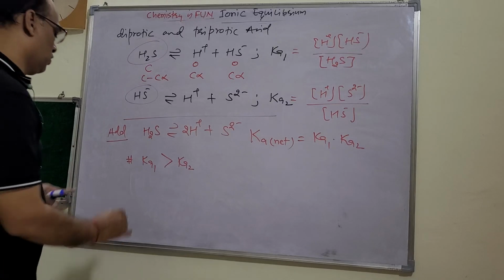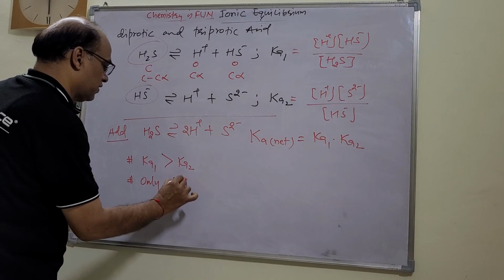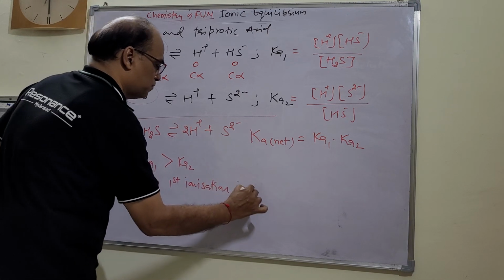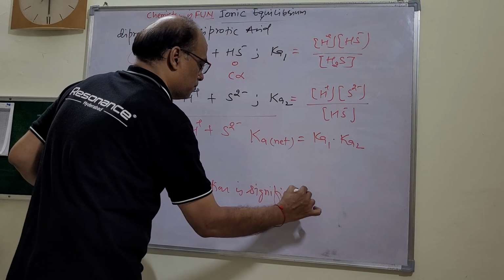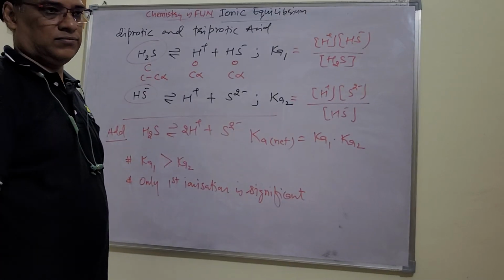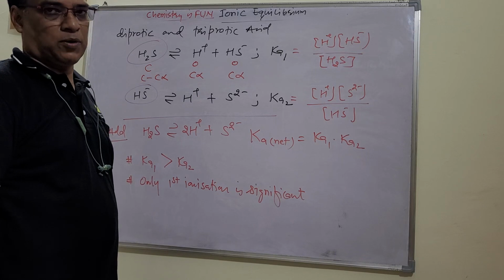Okay. So what we call, only first ionization is significant. Here again there is a catch. That same thing, Ka1 10 to the power minus 2, 10 to the power minus 3 become a problem for us.